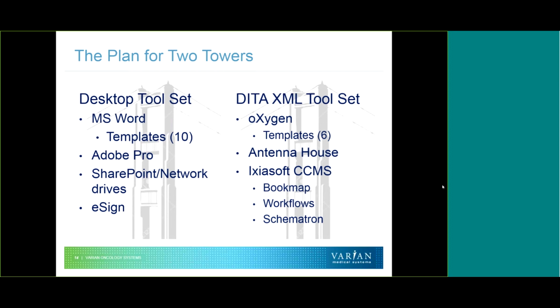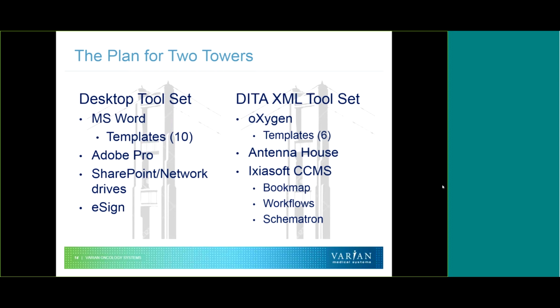So in upcoming pilots, which are on the horizon, we are going to have to develop additional templates for those document types. Along with Oxygen, we use Antenna House as our conversion, our PDF tool.